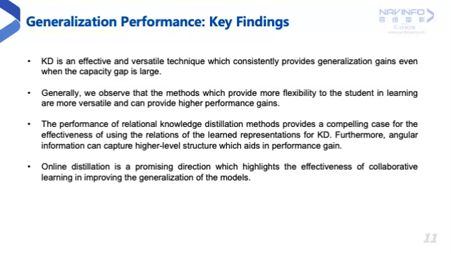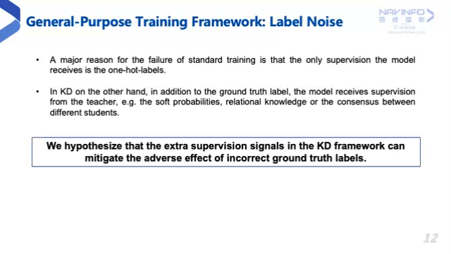The methods which provide more flexibility to students in learning are more versatile and can provide higher performance gains. The performance of relational knowledge distillation methods shows the effectiveness of using relations of the learned representations. Furthermore, the promising results of online distillation highlight the effectiveness of collaboration.